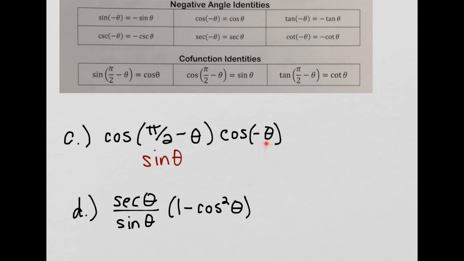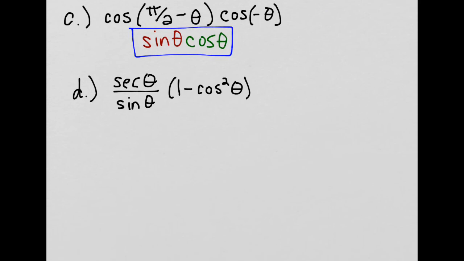And we know that cosine of negative theta, if we look up here, is just cosine. So we'll write that as cosine theta. And there's really no way to simplify these down any further. So that would just be our solution. That's our simplification.